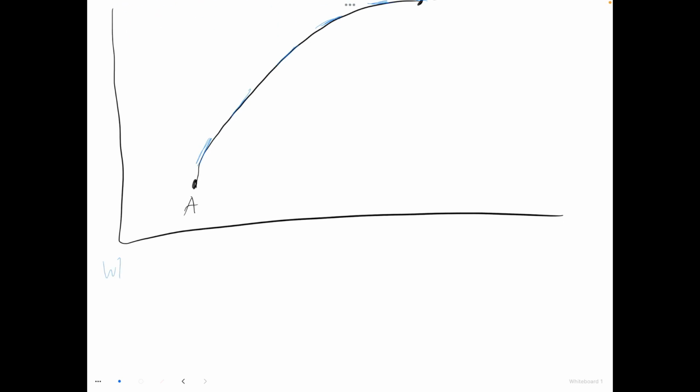When the graph is concave down, the slopes of the tangent lines are getting smaller, or they are decreasing.